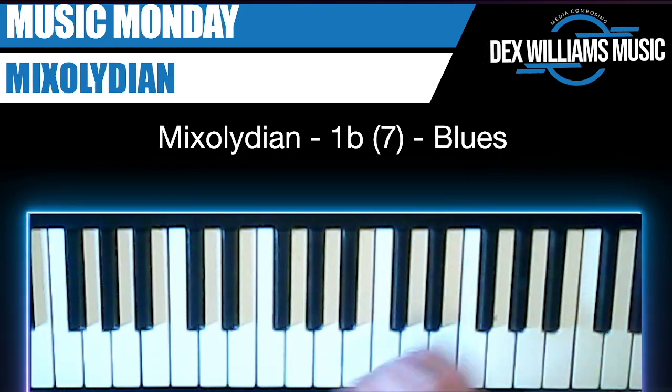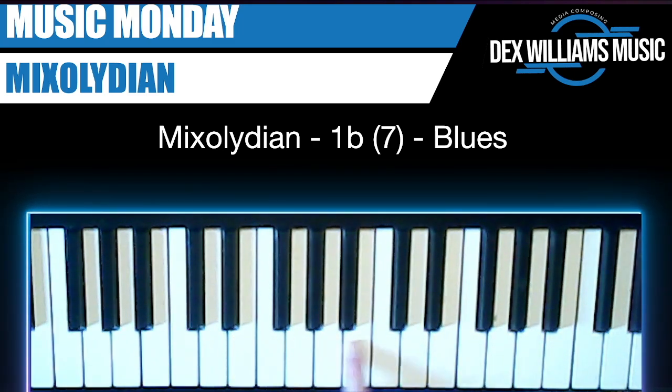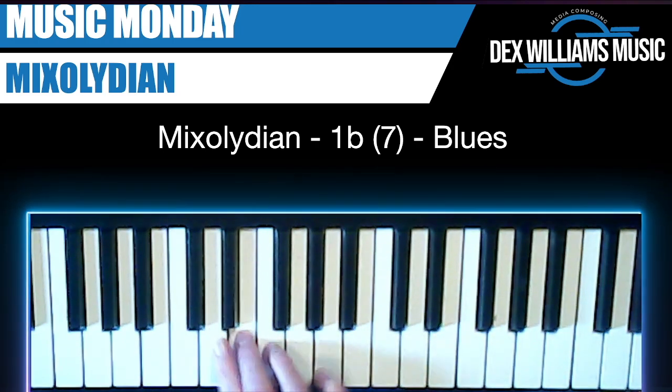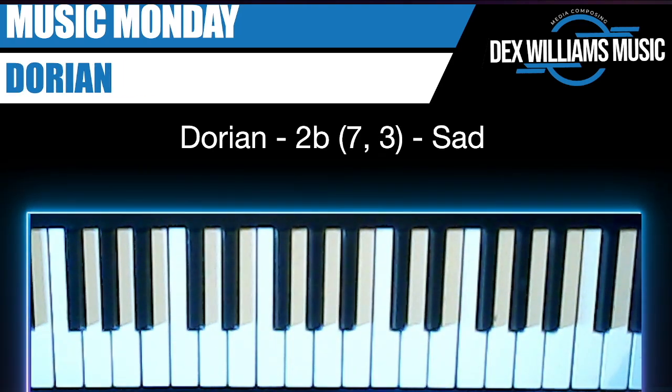Then we've got Mixolydian. This is where we start adding the flats. So the first one we add is a flat 7, and this is considered a blues sort of sound. So again, in our C major scale, we will flatten the 7th, so we're putting that B flat in. Great, that's Mixolydian. Now we come to Dorian.